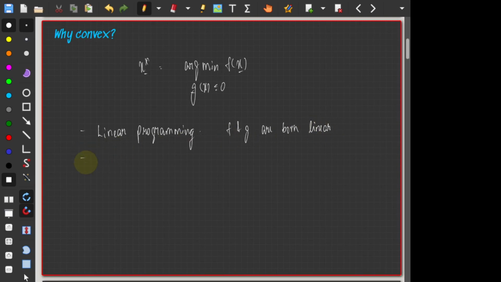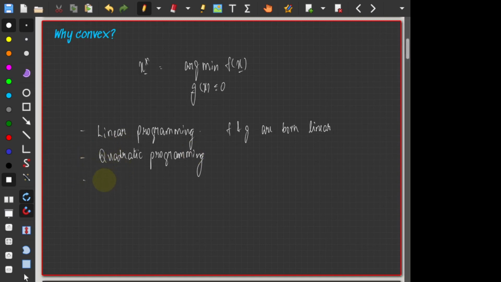Another class could be the class of quadratic optimization problems, where both f and g are typically quadratic.